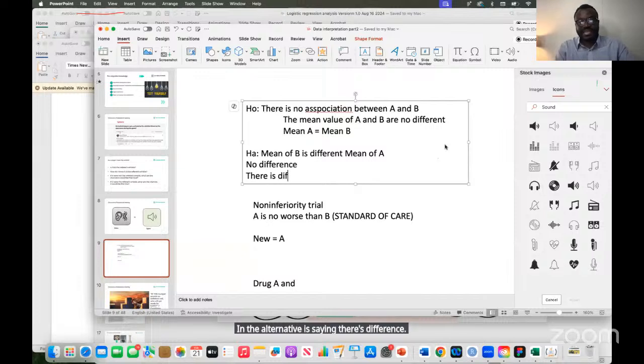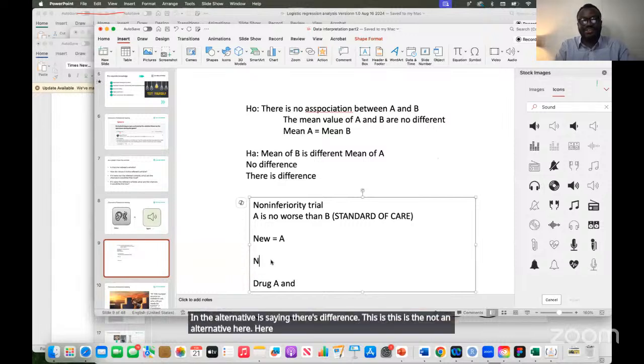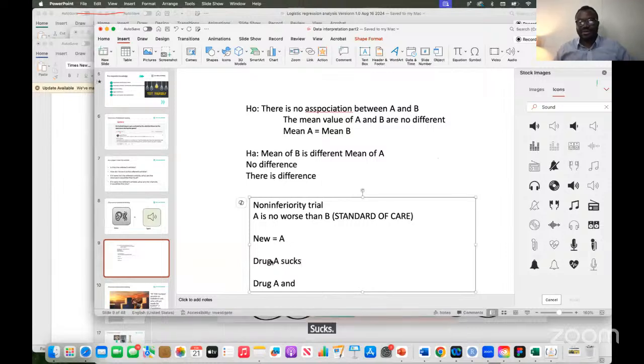This is the null and alternative here. Here we're saying that drug A, I'm going to use very casual language here, sucks compared to drug B. So, in other words, it's inferior. That's what we're saying in standard language, right?